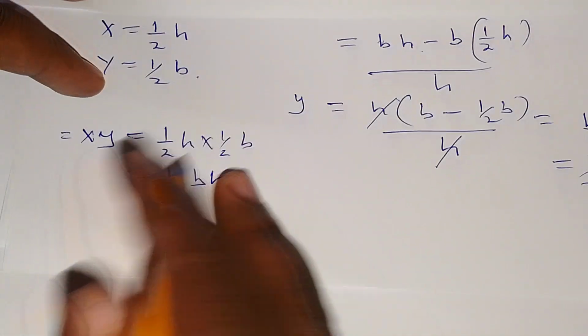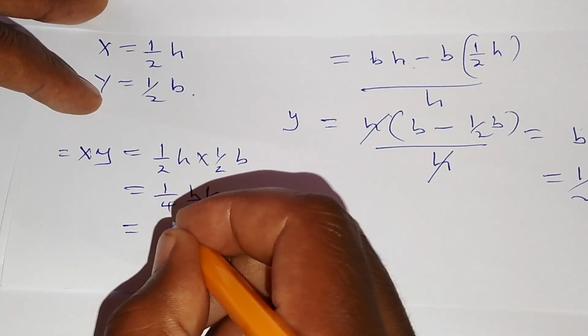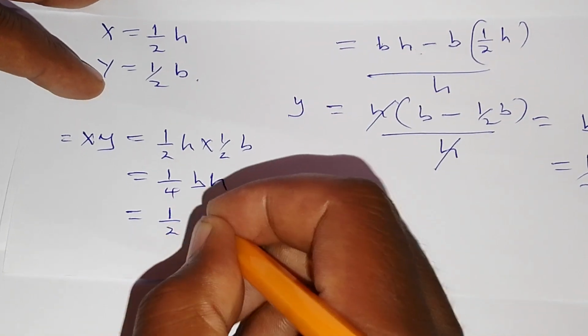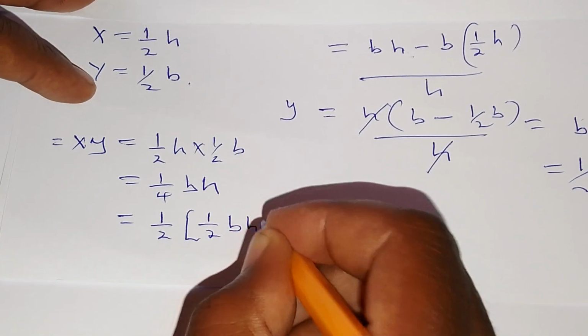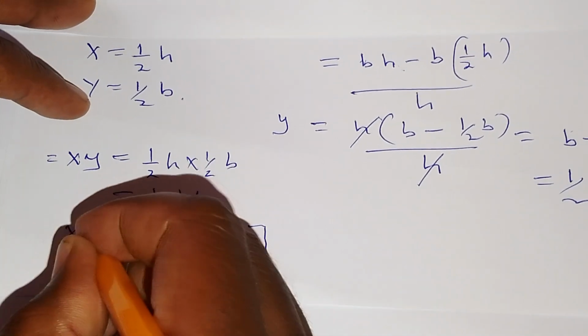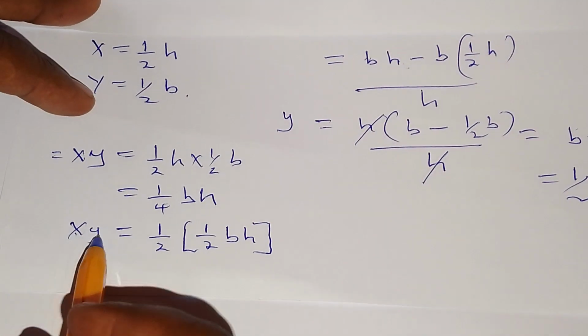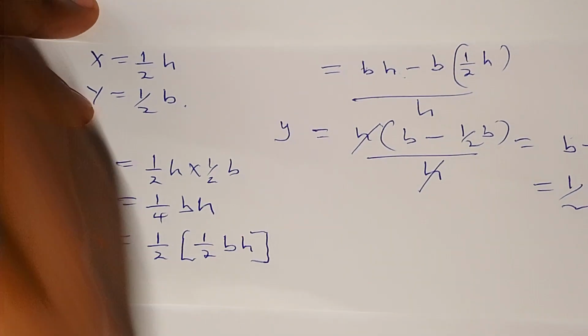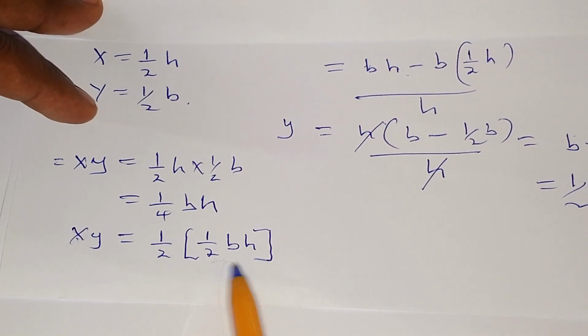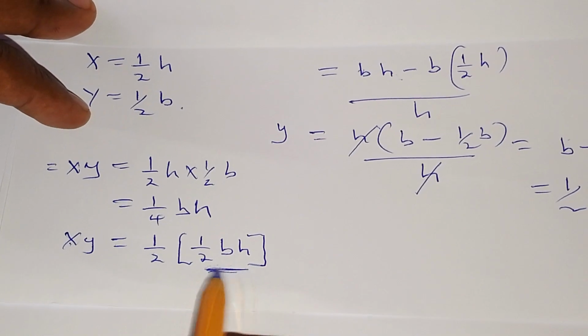Okay, allow me to do some manipulation here. I know this is like a half of bh. This xy is the area of the rectangle, then this part here forms the area of the triangle.